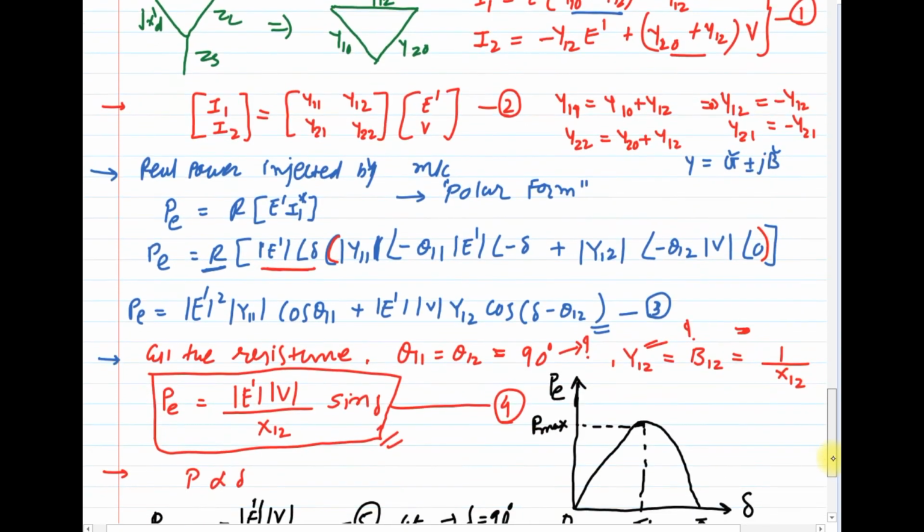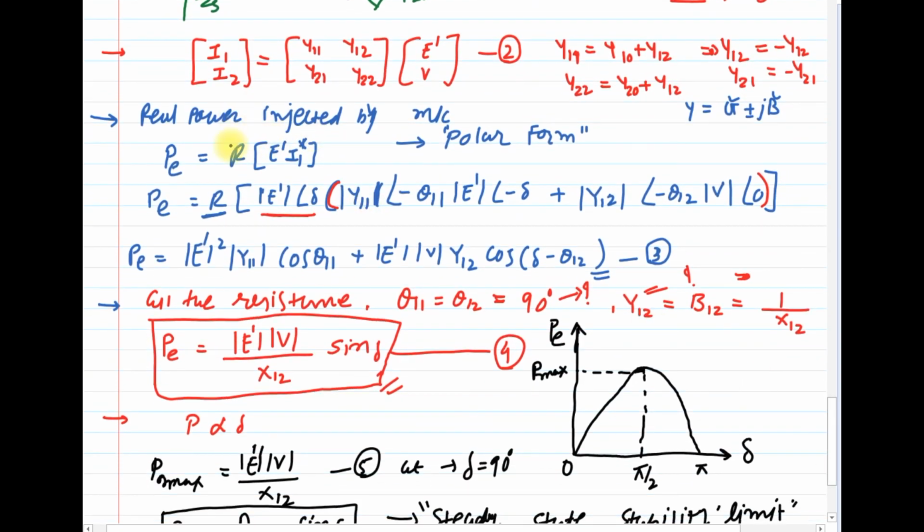Clear? Here we considered the real power injected by the machine into the system, and the equation for the real power, the final equation number 3 and equation number 4, with the condition of neglecting all the resistance. Clear?